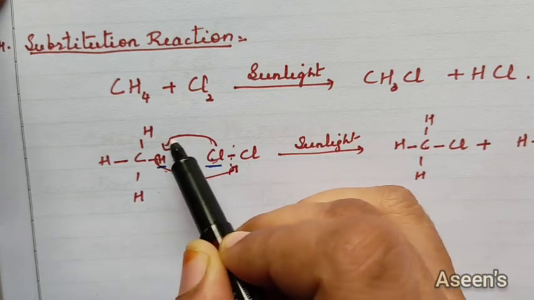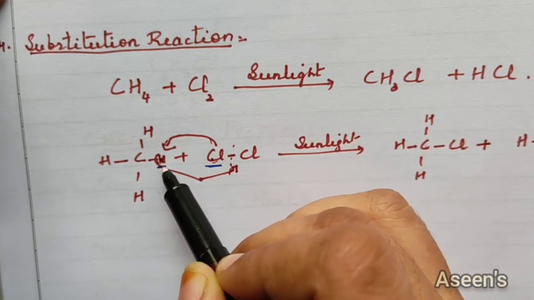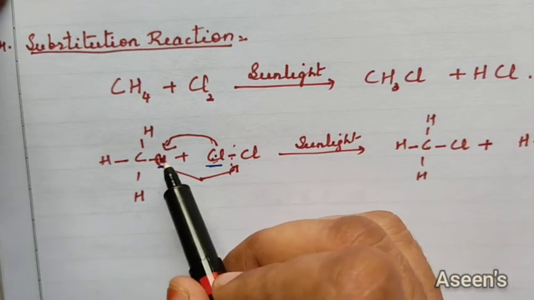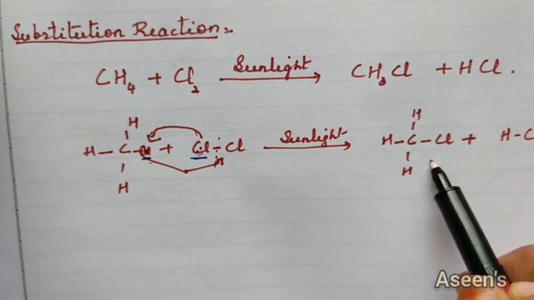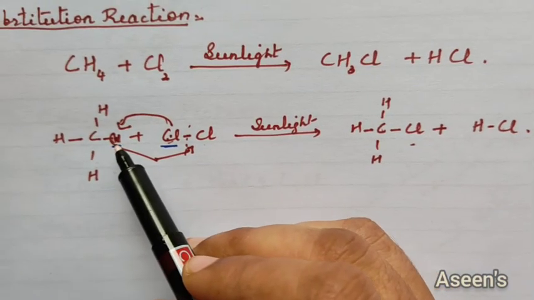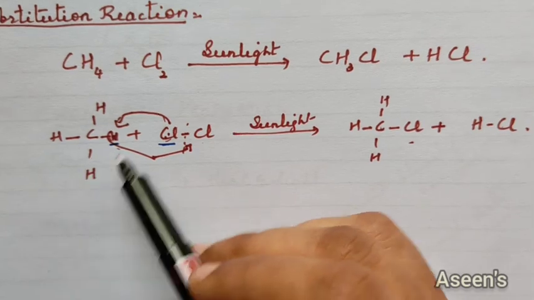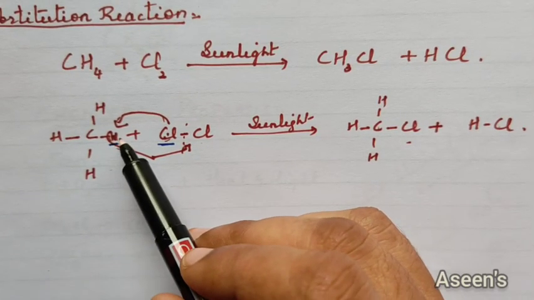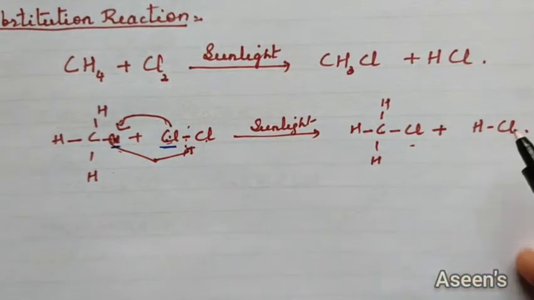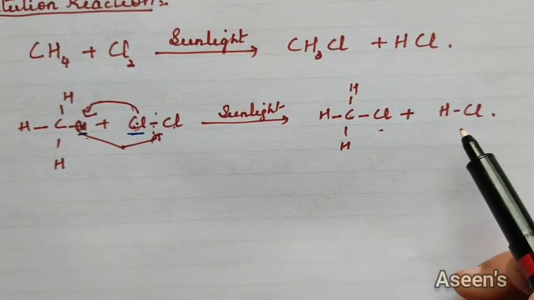That means this chlorine will take the place of that hydrogen and force the hydrogen out of its place. So instead of this hydrogen, we will be left with chlorine there, and this hydrogen which left the methane molecule is going to combine with the other chlorine and form your HCl.